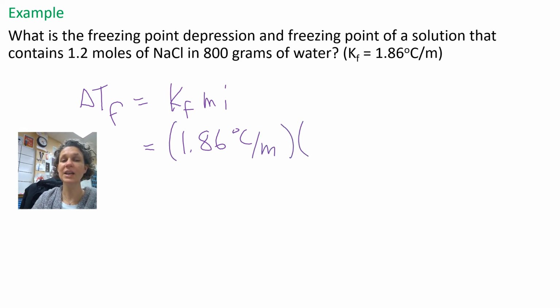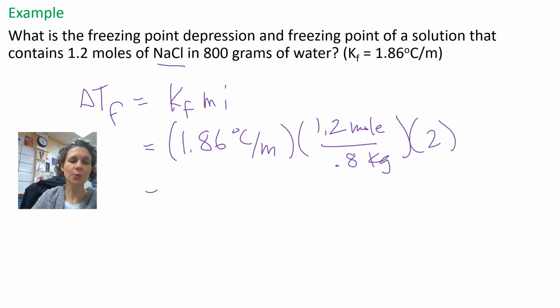Our m again is 1.2 moles over 0.8 kilograms. And then we're dealing with salt still, so it is 2. So when you work that all out, you get 5.58 degrees C.